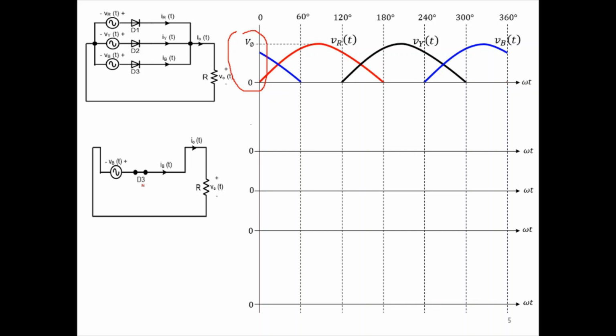This diode will conduct the blue line current until this intersection point. At this point, the diode will stop the current conduction because the amplitude of the blue voltage is equal to the red voltage.